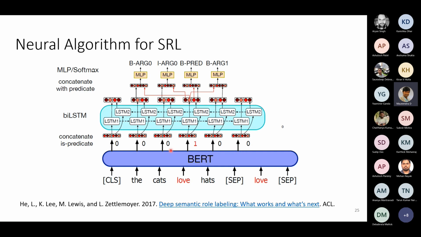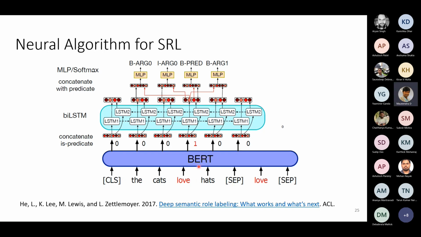But you see that for the next level, after the BERT representations are given, the representation of this love is not used. So for this we are not going to assign any label, but labels will be assigned to the other words.